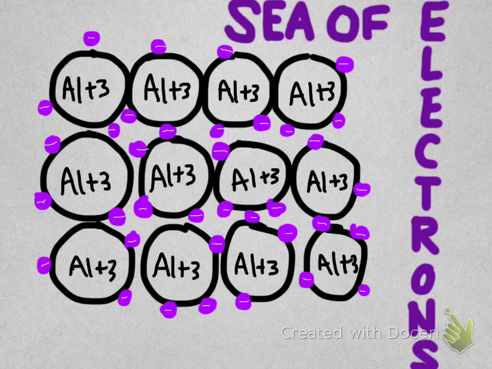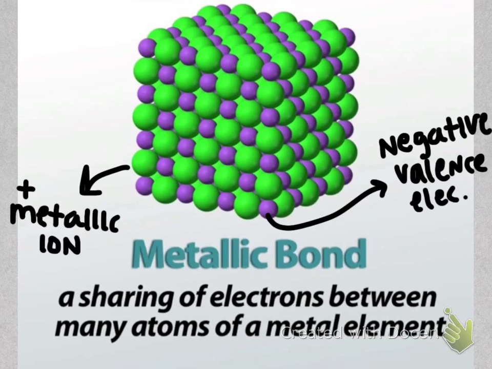I did realize after I made this that there is a circle tool, but you live and you learn. Here I have a little 3D picture of it because I wasn't exactly sure how to draw it. As you can see, the green are the ions, and the purple are the negative valence electrons.